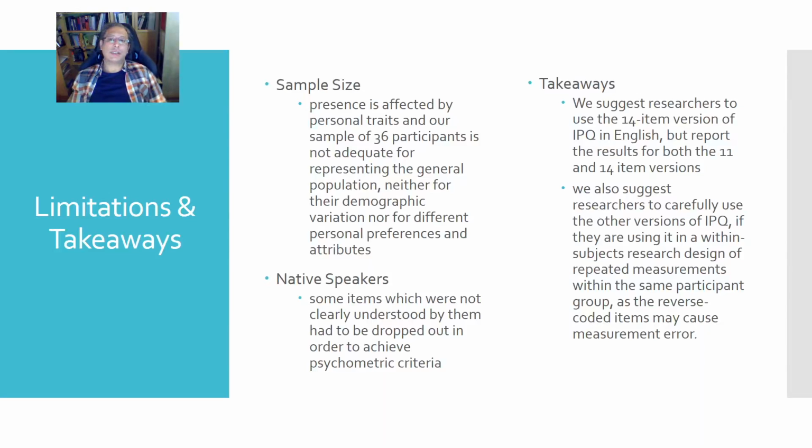So we suggest researchers continue using the 14-item version, but report both the 14- and 11-item versions, because the 11-item version is psychometrically validated and proven to be better than the 14-item version. We also suggest researchers share their data for future psychometric evaluations of the IPQ. When the IPQ is used in within-subjects design research with multiple evaluations including the same participants, some items could be a little tricky for the participants, since they get familiar with those items.